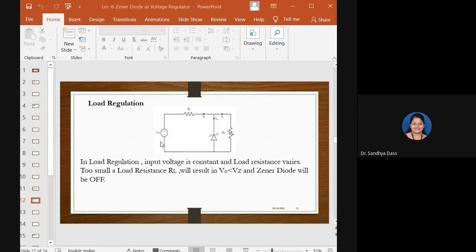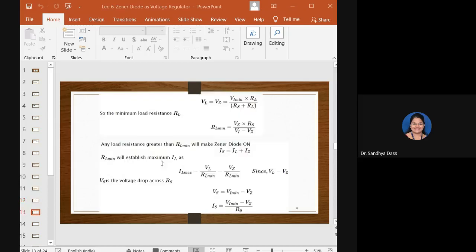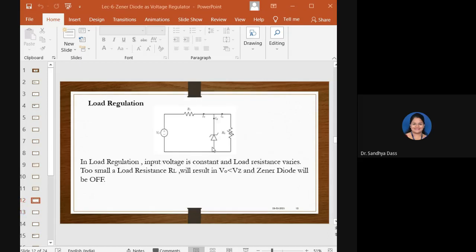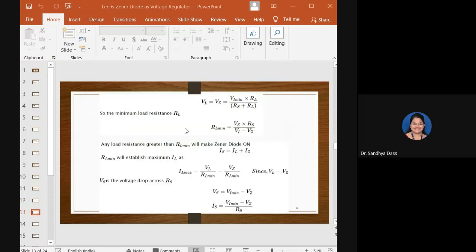In that condition, if VI is maintained constant and RL is varied within the specified range, a constant voltage will be maintained across the Zener diode in load regulation. From this figure, assuming the Zener diode is turned off and applying the voltage divider rule, Vz can be written as VI minimum into RL by RS plus RL.